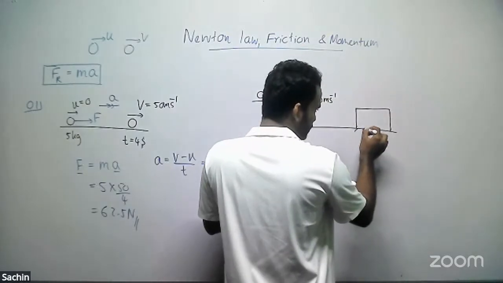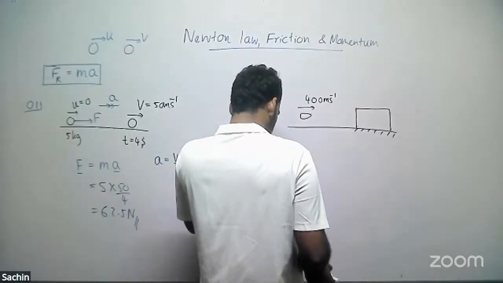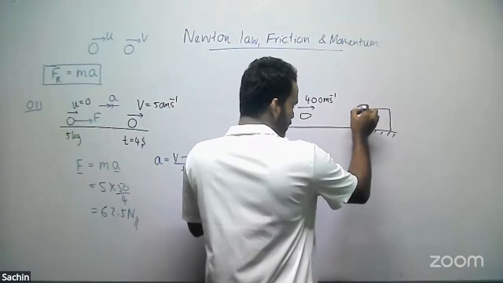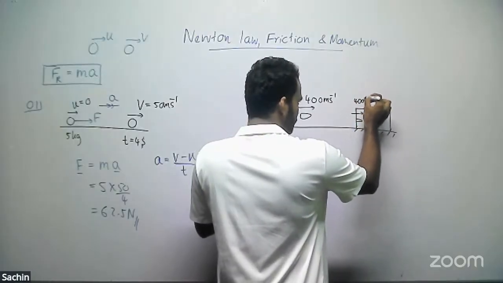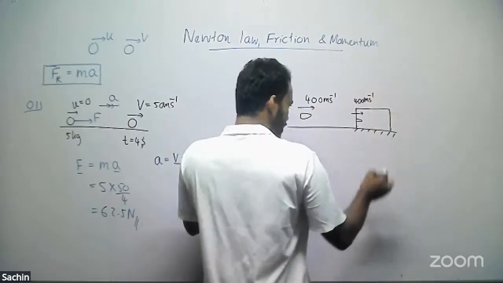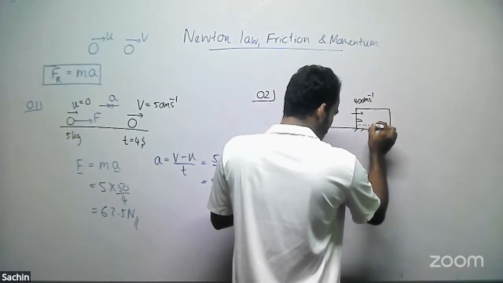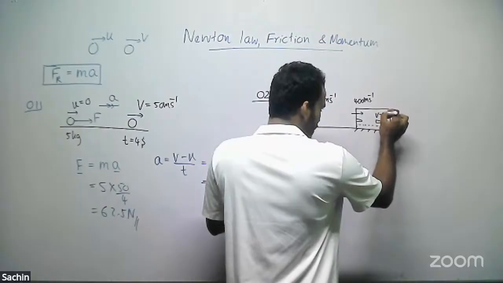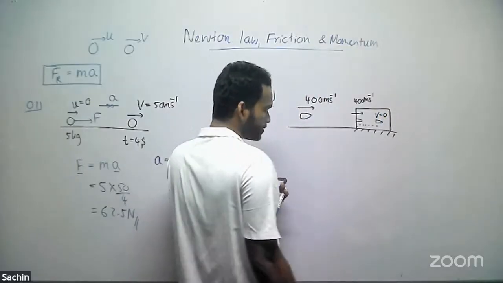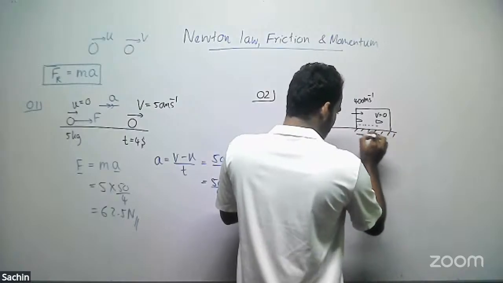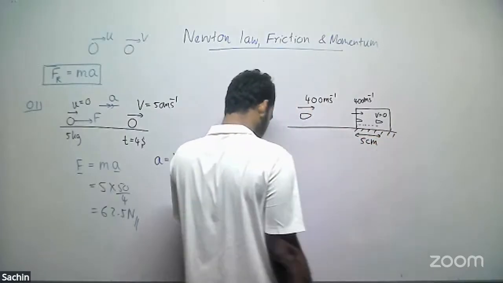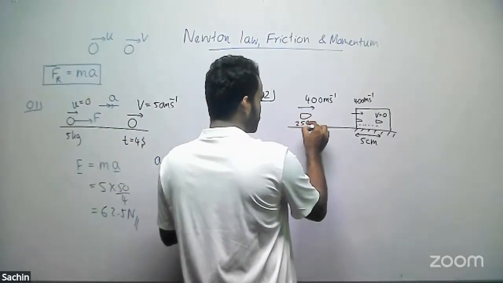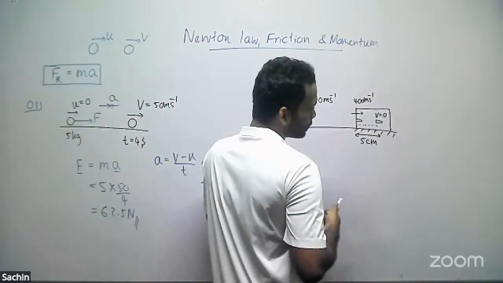The bullet is entering this wooden block at 400 meters per second, and it will travel some distance and come to rest. That means the final velocity is 0. The displacement inside is given, it is only 5 centimeters. The mass is given as 25 grams. So they are asking to calculate the resistive force.